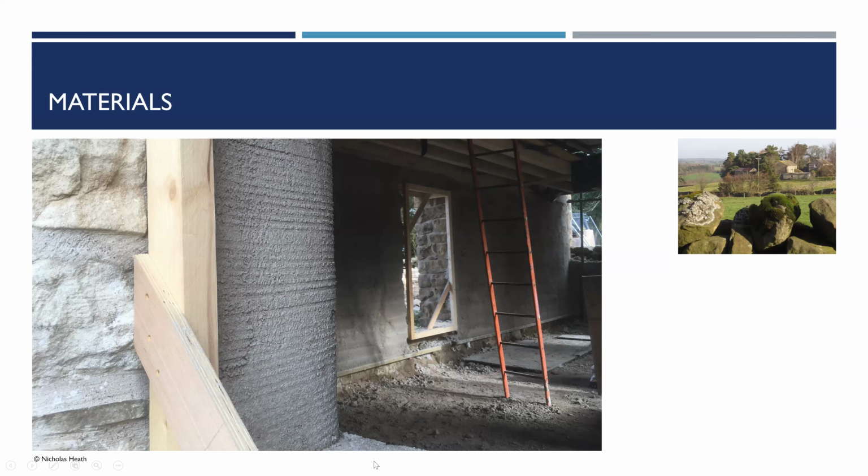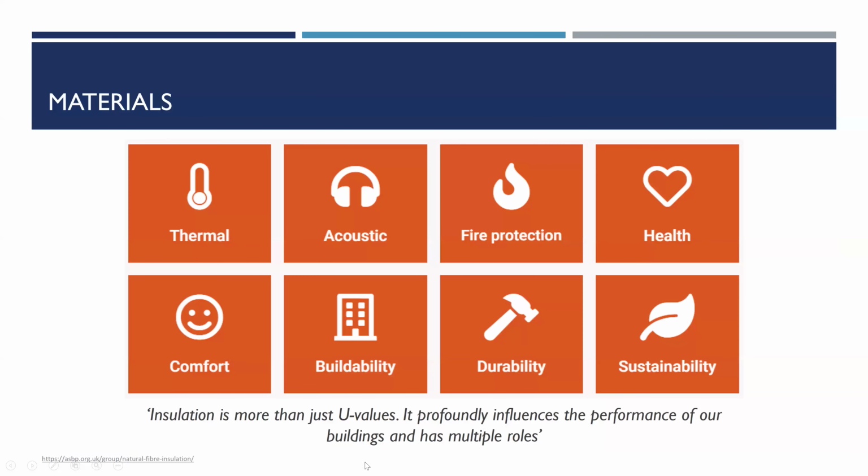It's not a silver bullet. There is no silver bullet for internal insulation, but I see this being used a lot more for various reasons, which I don't have time to go into now. But as a baseline, it's important to understand that you're not just thinking about thermal performance with materials. They have an awful lot of roles to fulfill, not least technical risk management and looking after the building fabric and occupants inside the building.